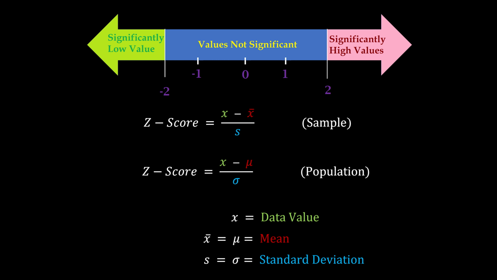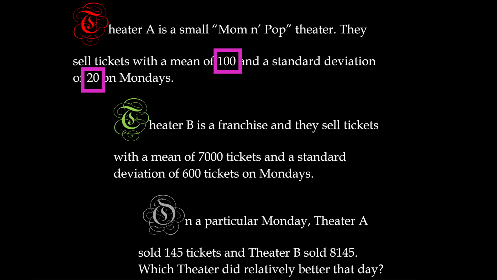Let's find the z-score for this example. Fill in the mean and the standard deviation for Theater A, then replace x with the data value in question.